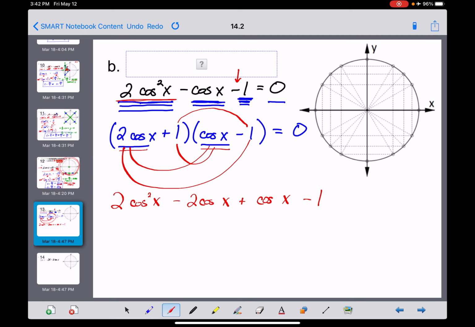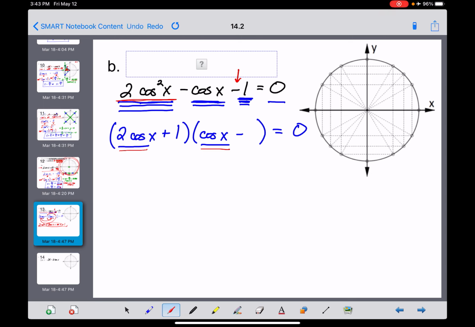So now the question for you guys is, does this expression right here simplify to equal this? And when you combine these two like terms in the middle, yes it does. We guessed right here, guys. We got that minus cosine of x in the center. So factoring is all about guessing and checking and then making adjustments if you guessed wrong, which very often happens, but in this one it worked out fine for us.